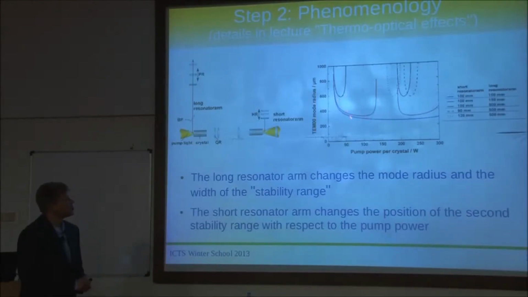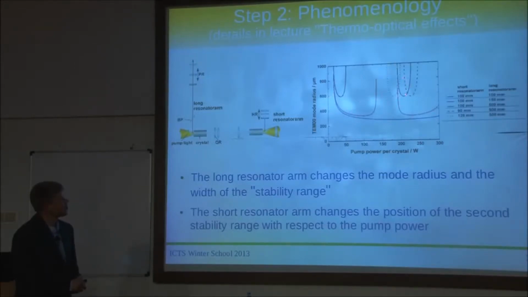And also the stability range here splits in the middle. So somewhere in the middle, the beam radius becomes infinite, and so that system is not stable at these regions here. So that's the solid lines here in different colors.